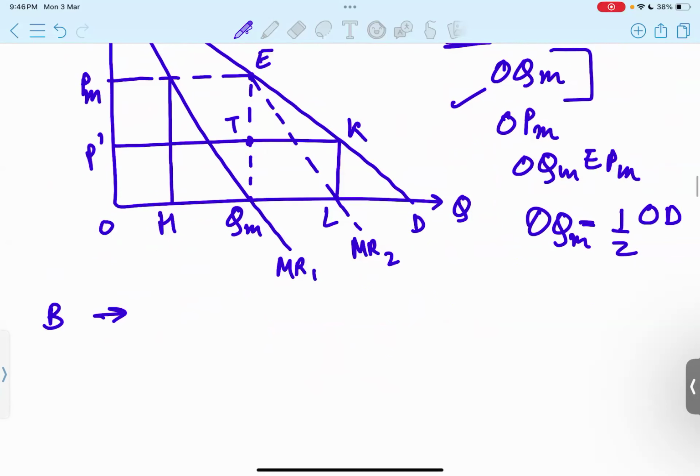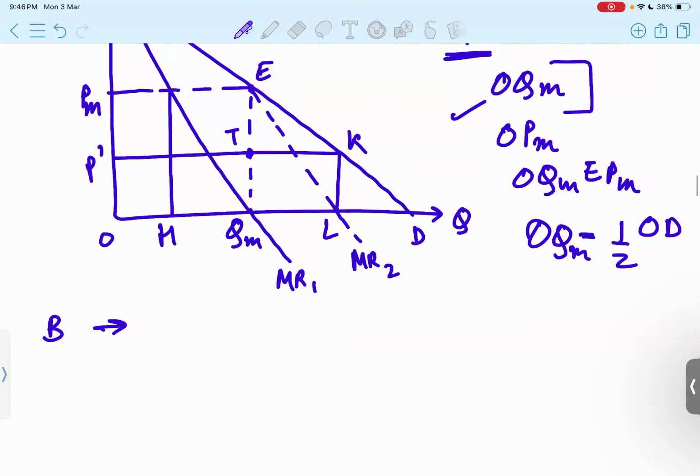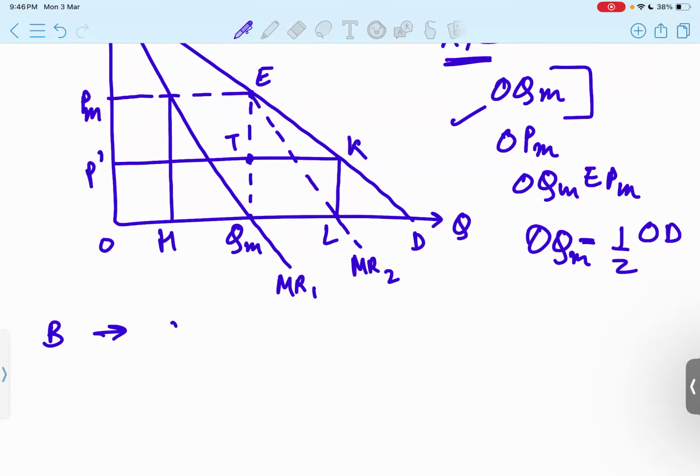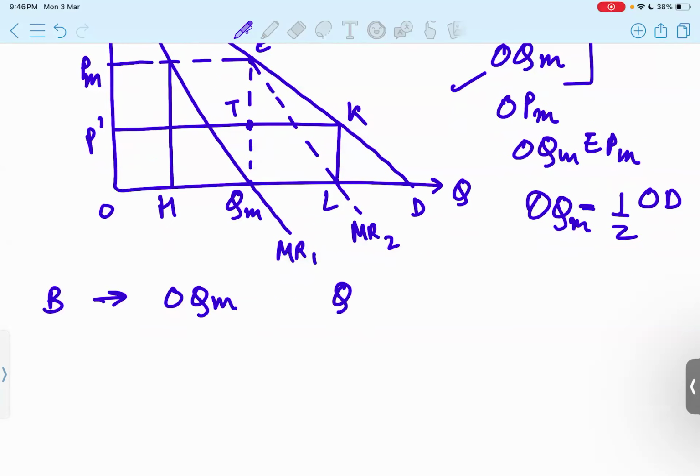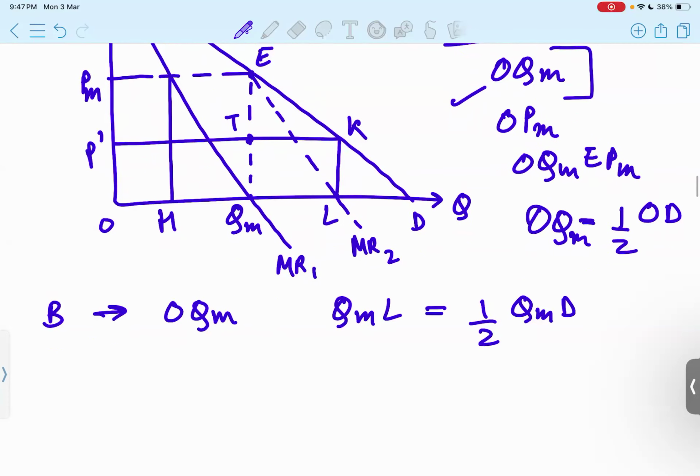Now, given that interdependency is recognized, the firm is learning. So B will assume that firm A will be producing at OQM. It decides it will produce QML, which is again half of QMD level of output. Here you can see the joint, or aggregate, output of both firms: OQM was by A and B is producing QML.